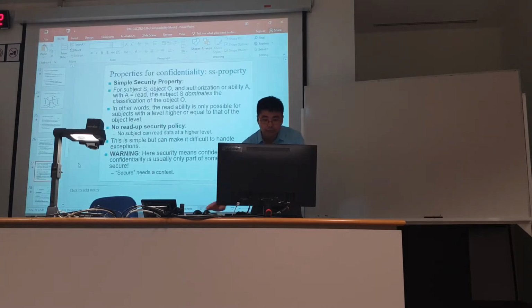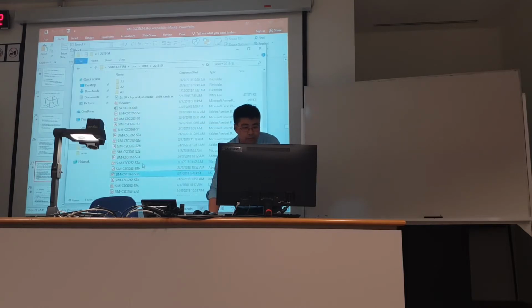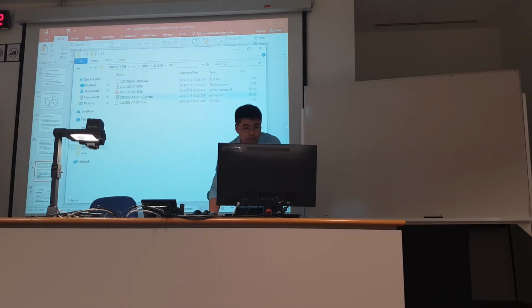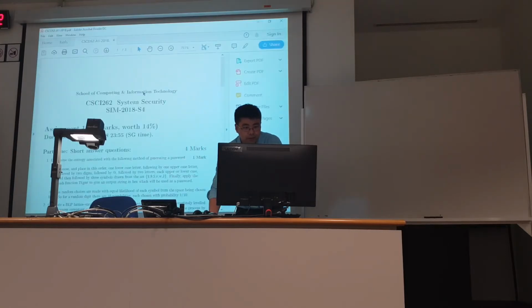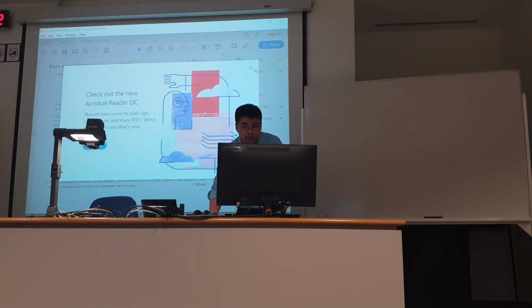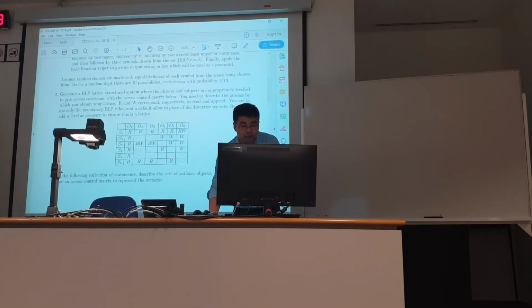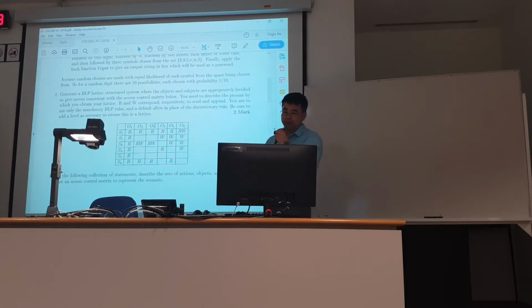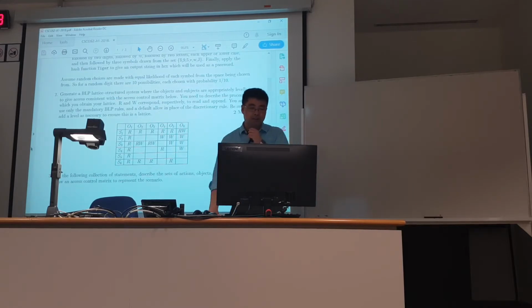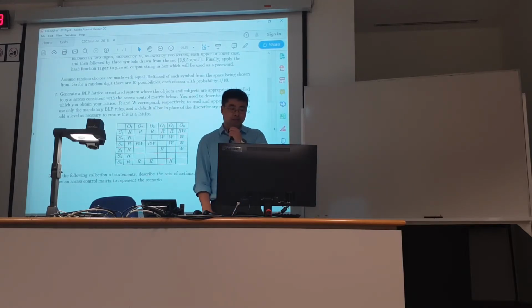Okay, so maybe I can give you some hints about assignment 1, this part. Now I give you an ACM, and from this ACM I want you to construct a lattice. This ACM is generated based on the BLP lattice model.